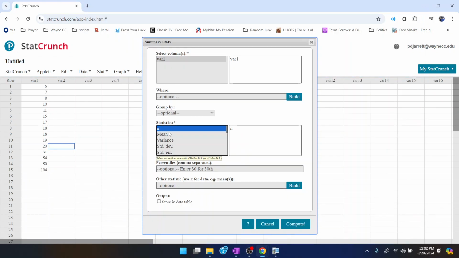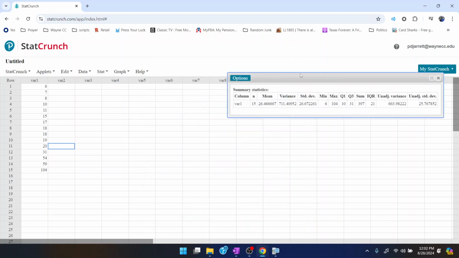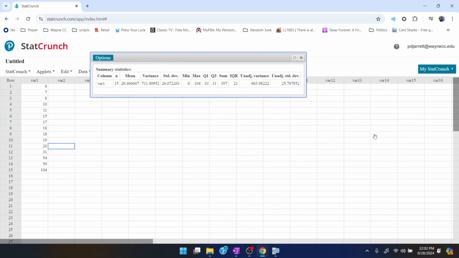So now I can do statistics: mean, variance, standard deviation, min-max, my quartiles, I could even do IQR. I could do unadjusted variance and standard deviation, even coefficient. There's a whole lot of things I can do. Because here's what happens. I click on that, and I have all my quartiles. I even did the sum and the variance.